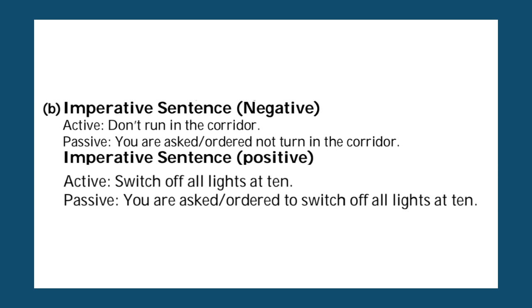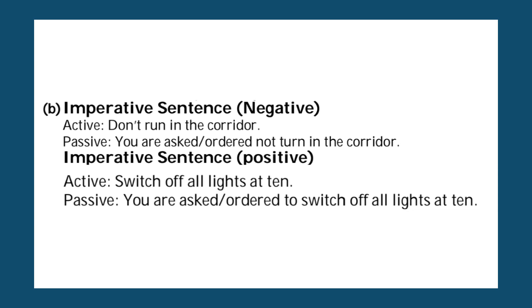While we order or request something, we can say it's an imperative sentence. So here the passive voice is you are asked or you are ordered not to run in the corridor. Okay, so not to run in the corridor. In such a way we can write.